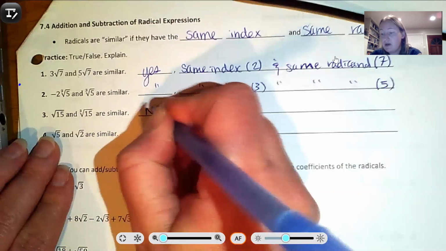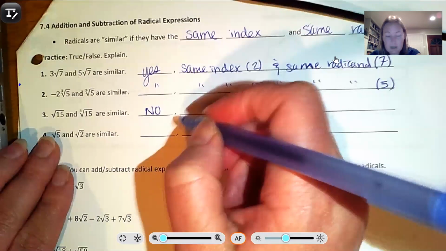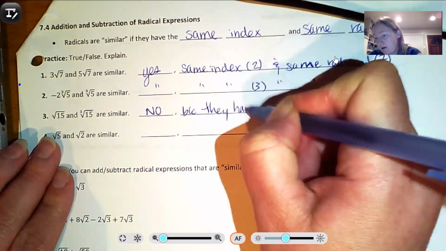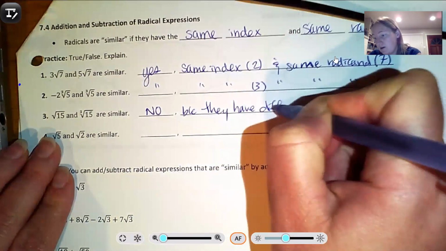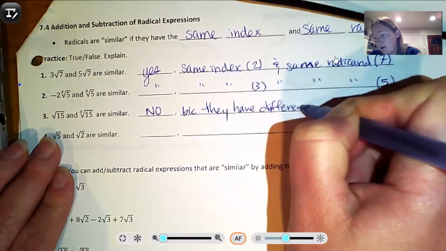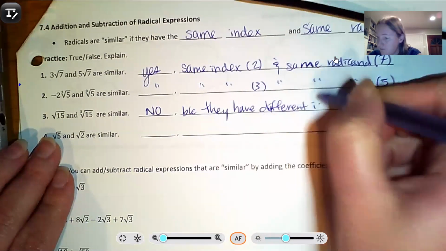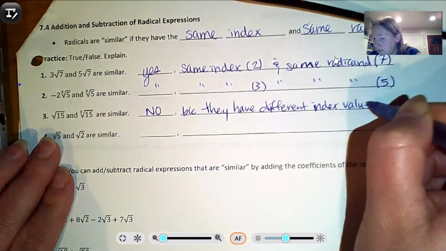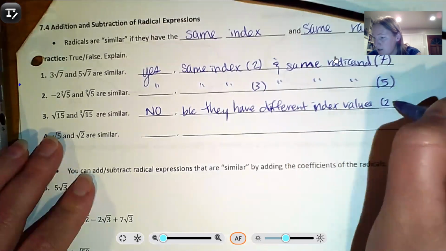So it needed to meet both criteria. This is no, and it's because they have different indices or index values. So a 2 versus 3.